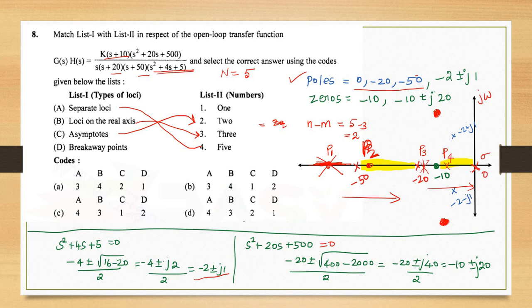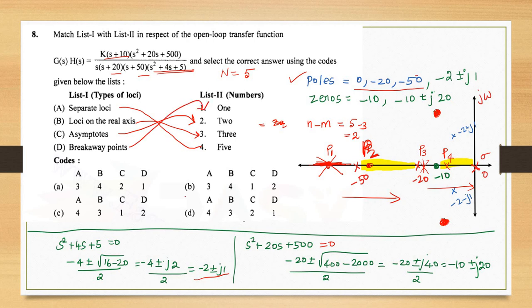At the last point, there is only an odd number of poles available. So there may be a root locus path. Okay, but the breakaway point always occurs between two poles. So we have only one breakaway point. Here there is 1 pole at 0 and 1 pole. There may be no breakaway point here. Only one breakaway point between these two poles. So the breakaway point is 1.